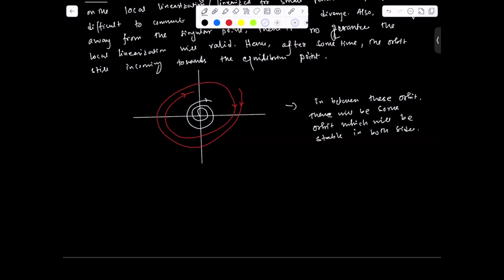So we can comment that in between there can be another orbit, something like this, which will be stable between them. And this is how a limit cycle occurs. If this kind of orbit arises in the system, it is called a stable limit cycle.